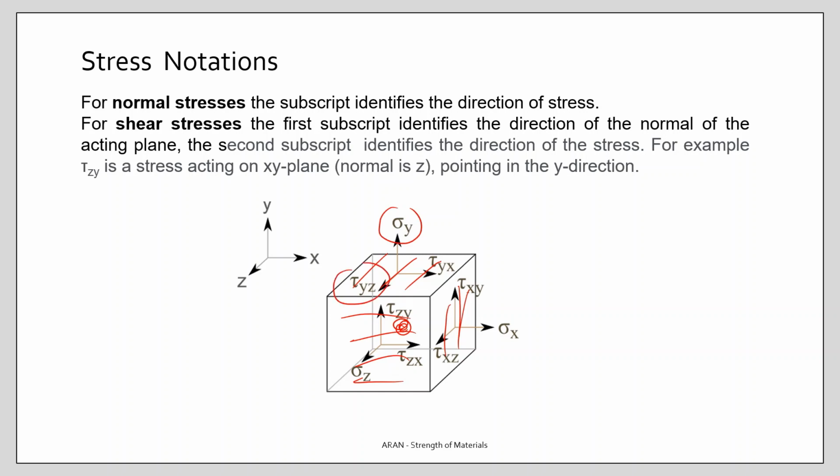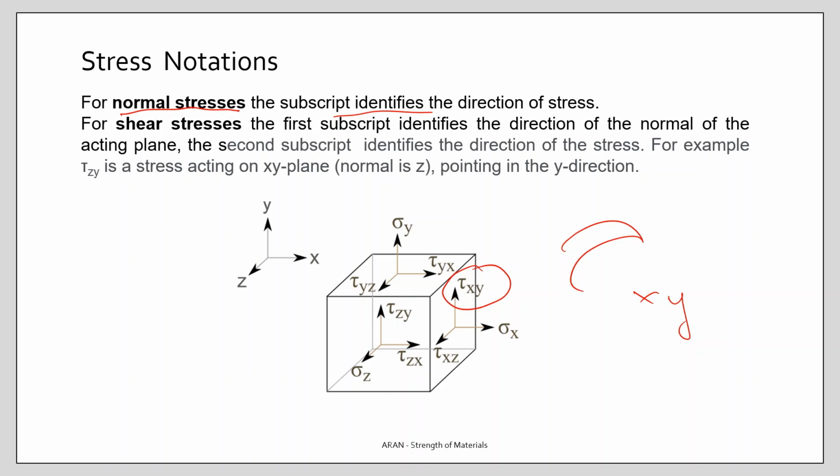The normal stresses are identified with only one subscript, and this subscript shows you the direction of the stress, whereas the shear stresses are identified by two subscripts. The first one gives you the normal of the acting plane. The second subscript gives you the direction of the shear stress.